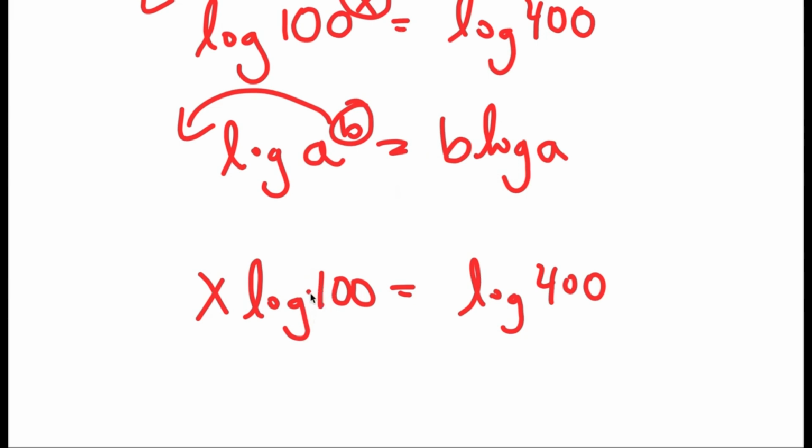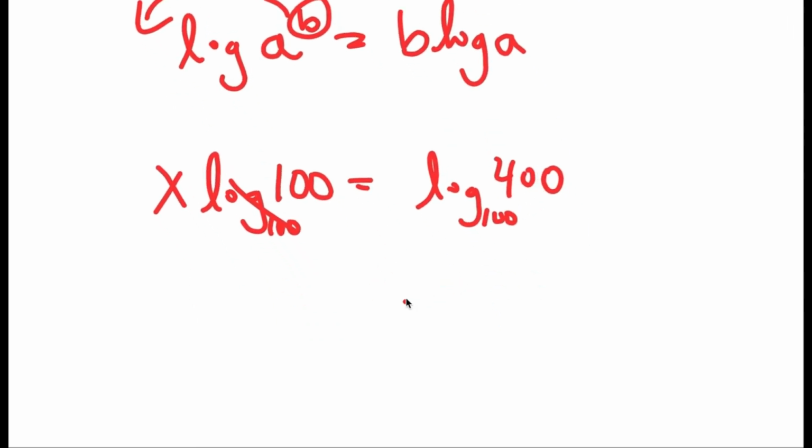Now, I'm going to take the log of base 100. So, log base 100 of 100 is just 1. And log base 100 of 400, well, 400 is the same thing as 100 times 4.